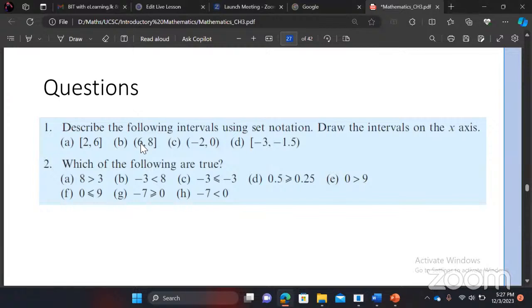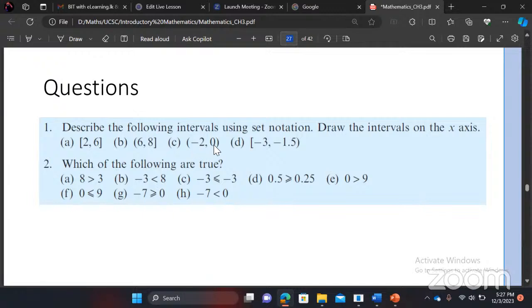Then (6,8]. How do we represent (6,8]? The circle at 6 should not be colored, but the circle at 8 should be colored, and then color the interval values, right? For (-2,0), the circle at -2 should not be colored. Mark the circle at the point -2, but it should be empty.